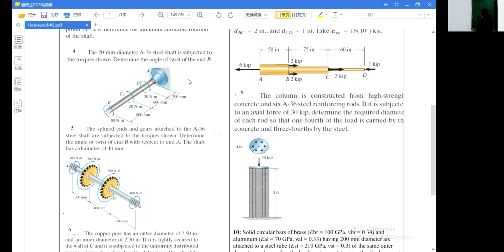Suppose I want to find CD: make a cut, assume T pointing out of the section, then according to statics, find it. Down is anti-clockwise; it's determined by yourself.